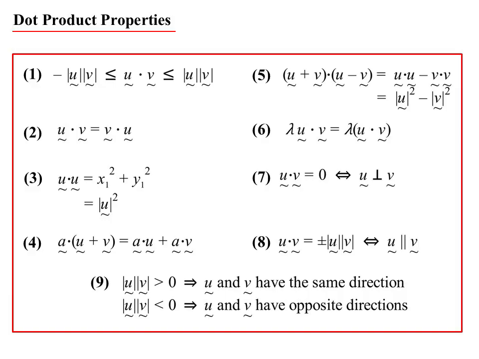Careful how you read this, because clearly the magnitude can't be negative. But what I'm getting at here is, in number 8, if the dot product ended up being positive, then we know those vectors are running in the same direction. Whereas if we ended up with negative, so it's out at the other extreme, well, those vectors must have been running in opposite directions.